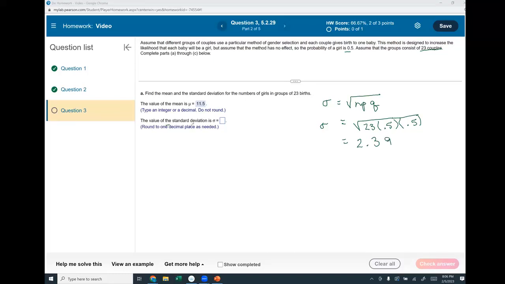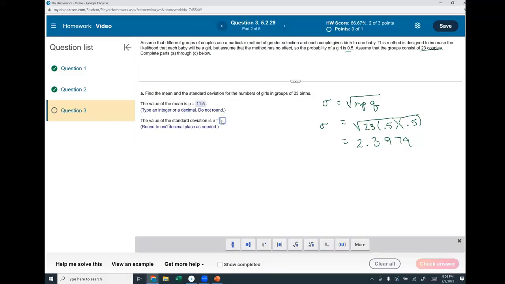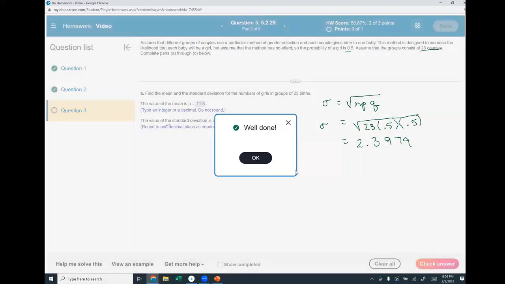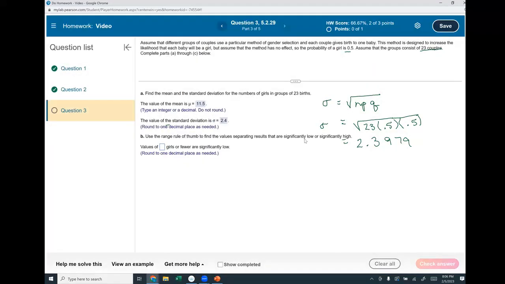Actually, round to 1 decimal place, that's enough, but I'll put this in. If I round to 1 decimal place, it's going to be 2.4. Perfect. Okay, so now let me erase this first.